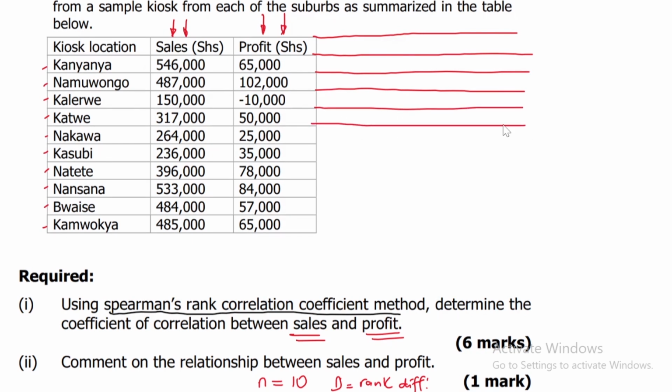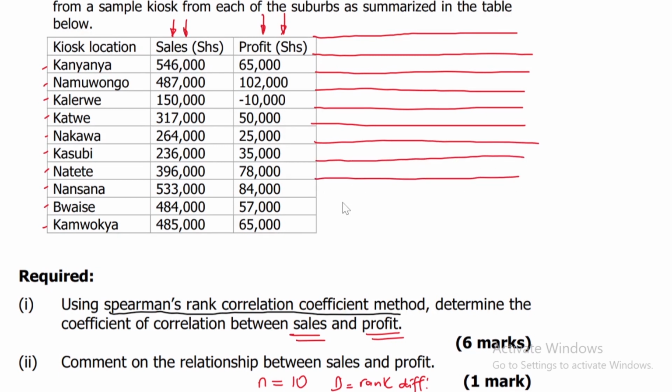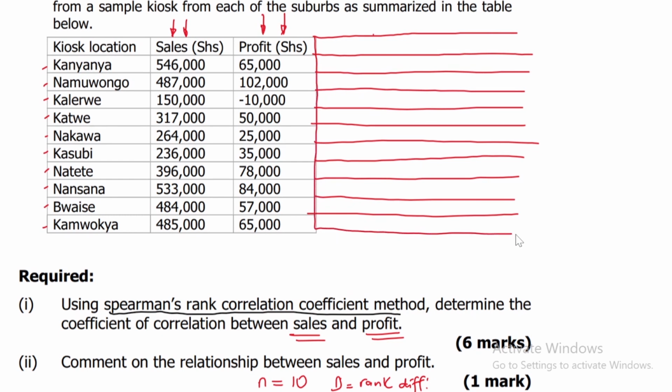But I'm going to take advantage of this and extend this table and add a few more columns. Our goal here is to find the ranks. So that is what I'm doing.